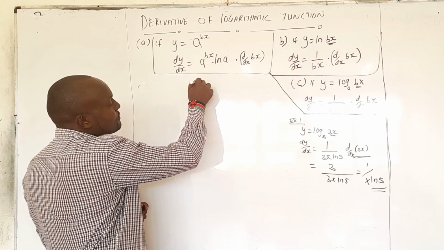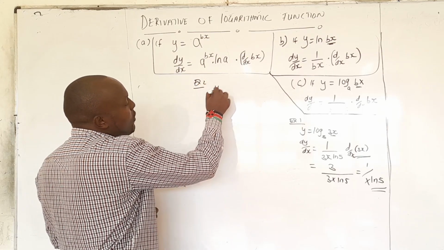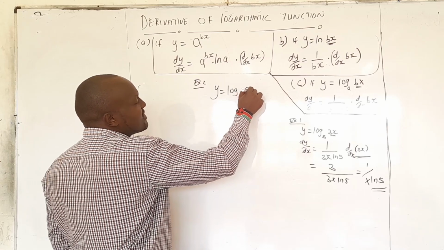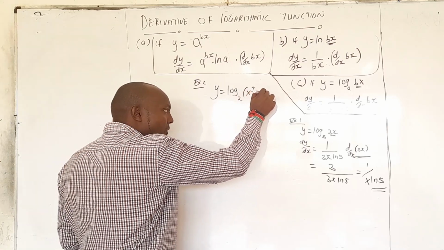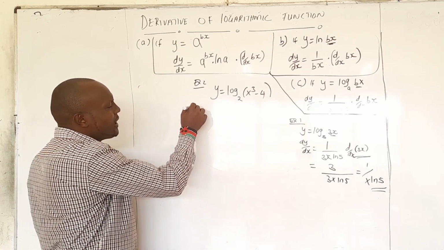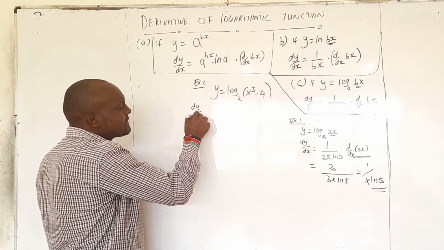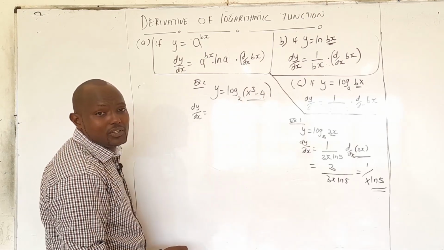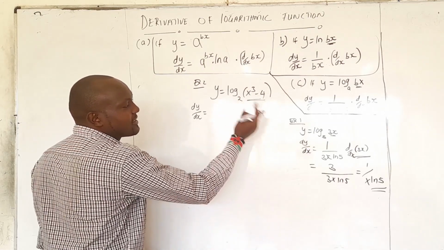Example 2: if you are given y is equal to log base 2 of maybe x cubed minus 4, how do we differentiate that one? It's simple. dy over dx, because it's a function of x, our main focus is this function, log base 2 of x cubed minus 4.